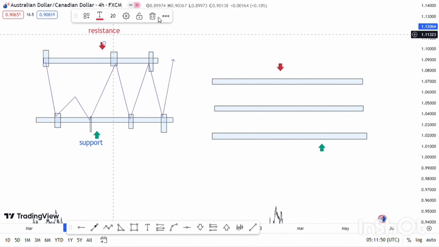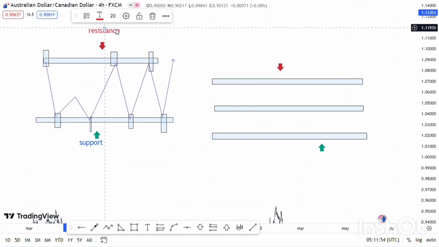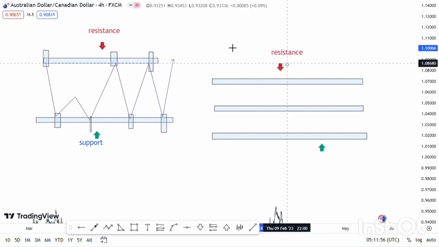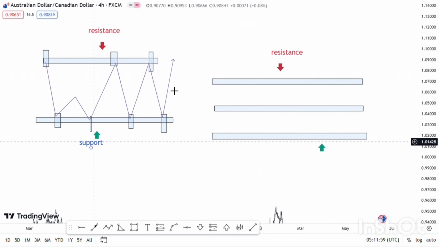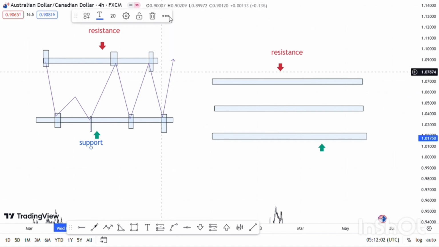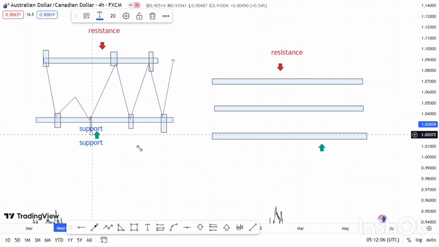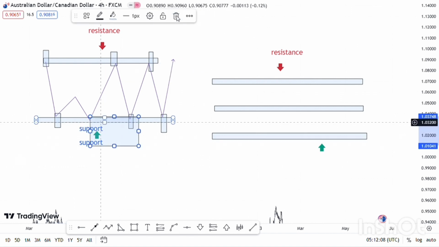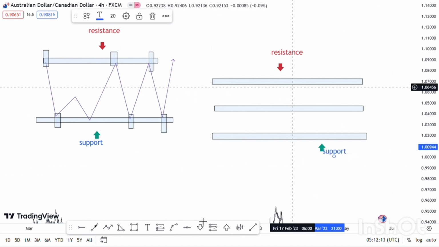Let me just clone this, and then here we have our resistance. Here we have our support, and then we have our mid zone. You see, a support, resistance and a mid zone.